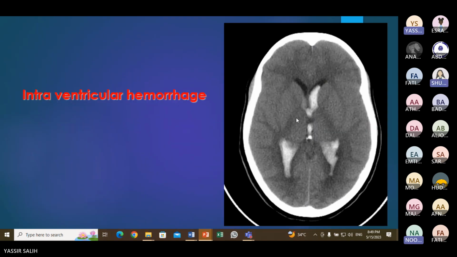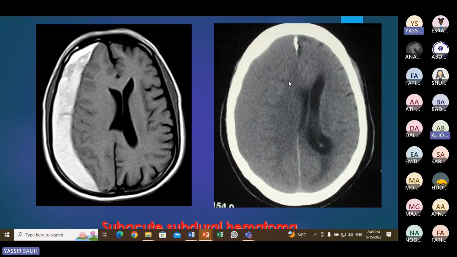There is a deviation of the ventricles, the left, because there is a bleeding which appears evident.